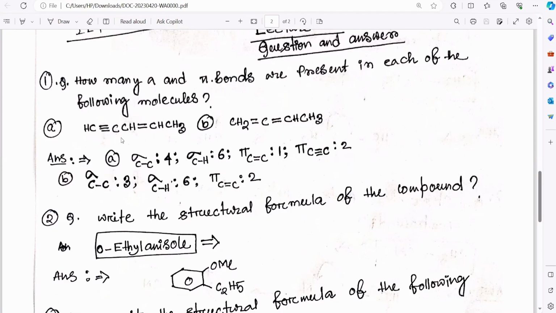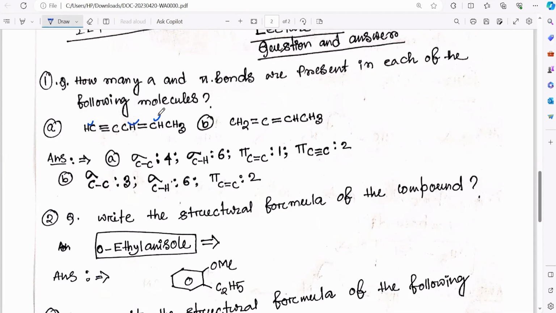How many C-C sigma bonds? One comes from here, another from here, another from here, so the total is four C-C sigma bonds. How many sigma C-H bonds? One is from here, one from here, another one from here, and another from here.